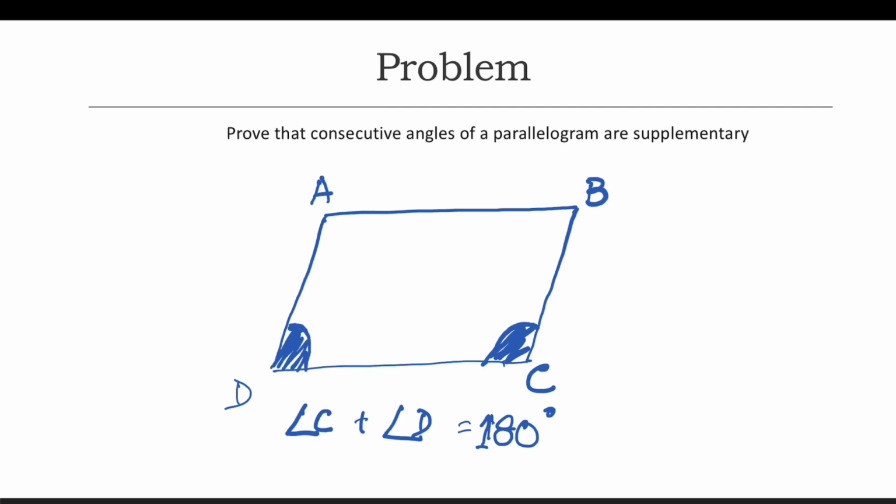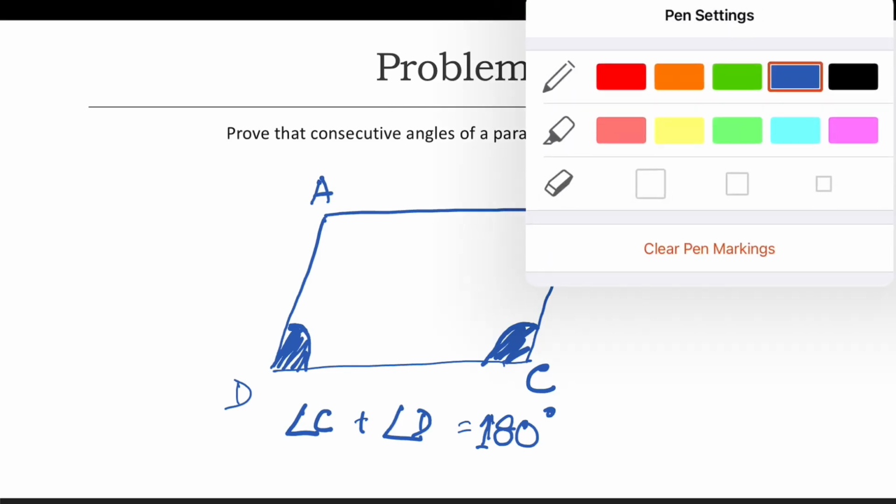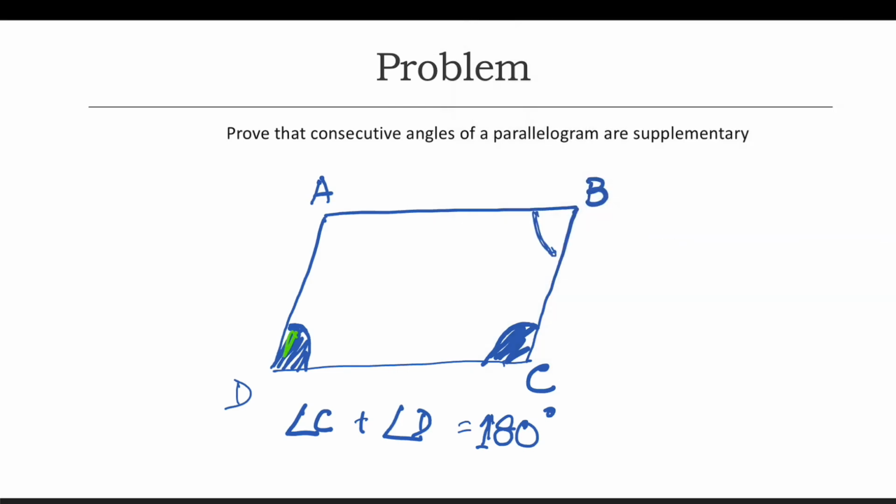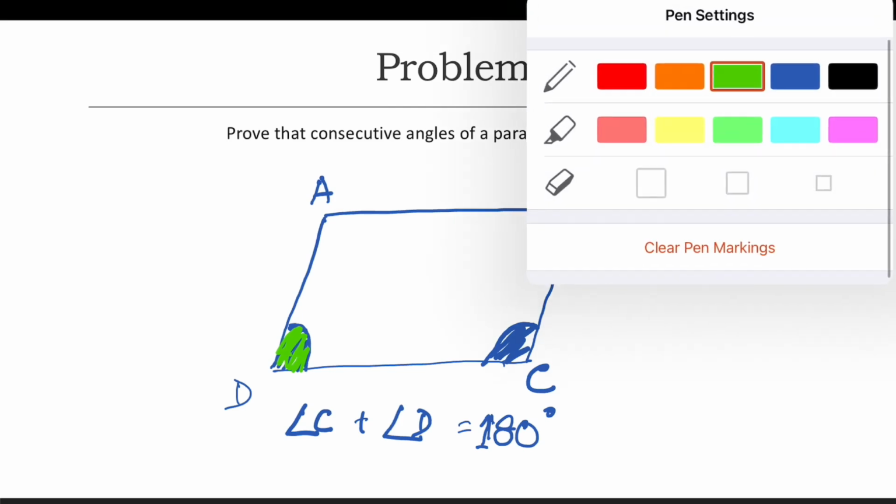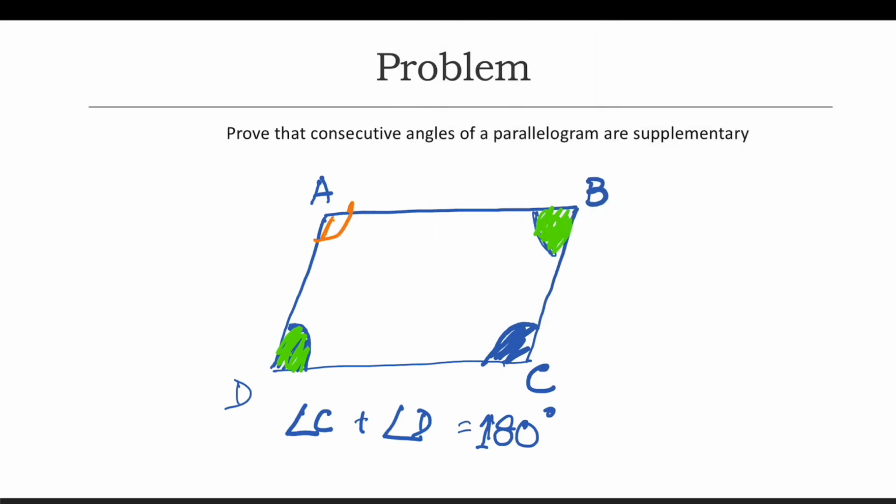Now, how can I prove that? Very simple. Angle D and angle B, I know, are going to be equal. So this angle is equal to this angle, right? And the next one I know is that this angle is equal to this angle. Angle A and C are equal. This is a property of the parallelogram.